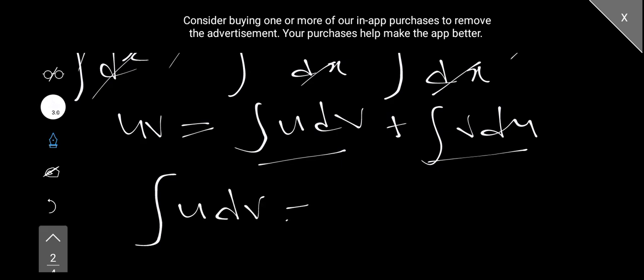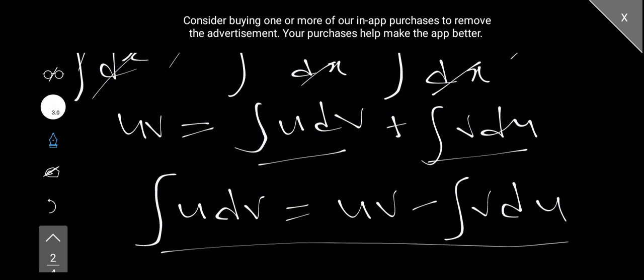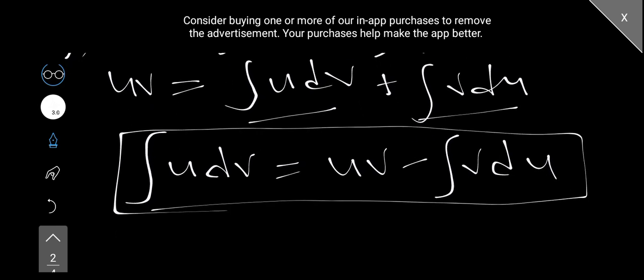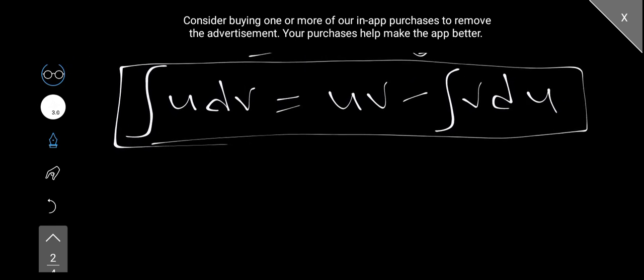The integral of u dv is equal to uv minus the integral of v du. So there you have it. This is now the formula that we'll be using when integrating two functions. It's the formula for integration by parts.